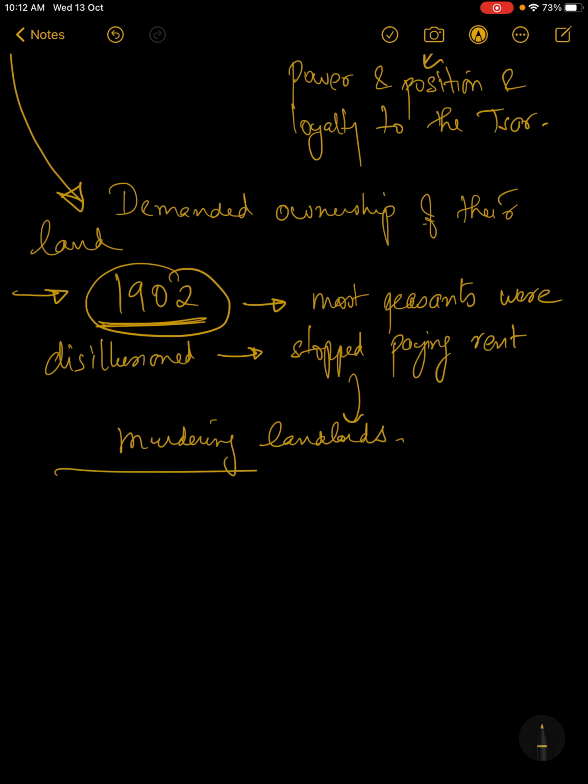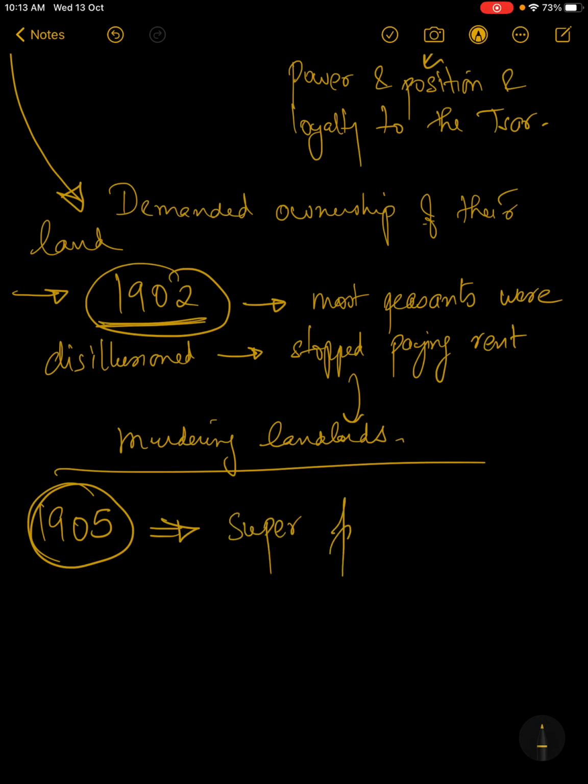This is a little dark. They started murdering their landlords, and by 1905 these incidents started occurring super frequently. These incidents that I mentioned, stopping of paying rents, disrespect towards the nobility, murdering of landlords, etc. started happening super fast, super occasionally. Great.